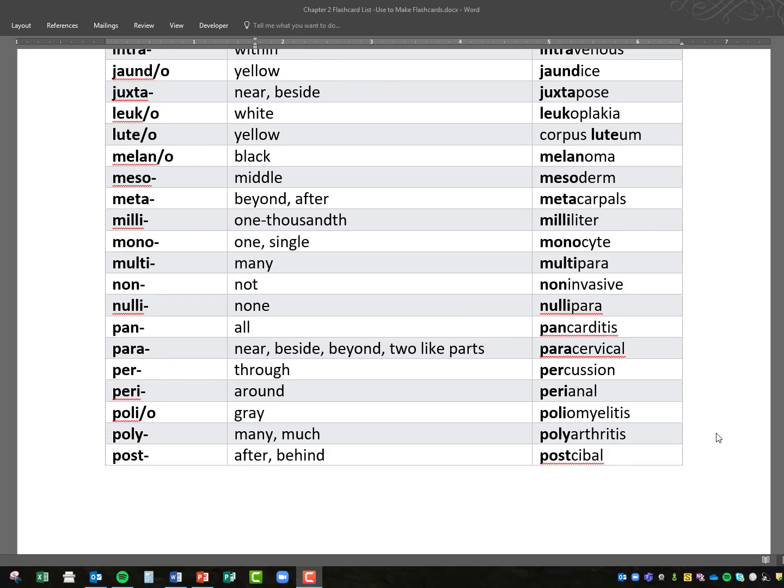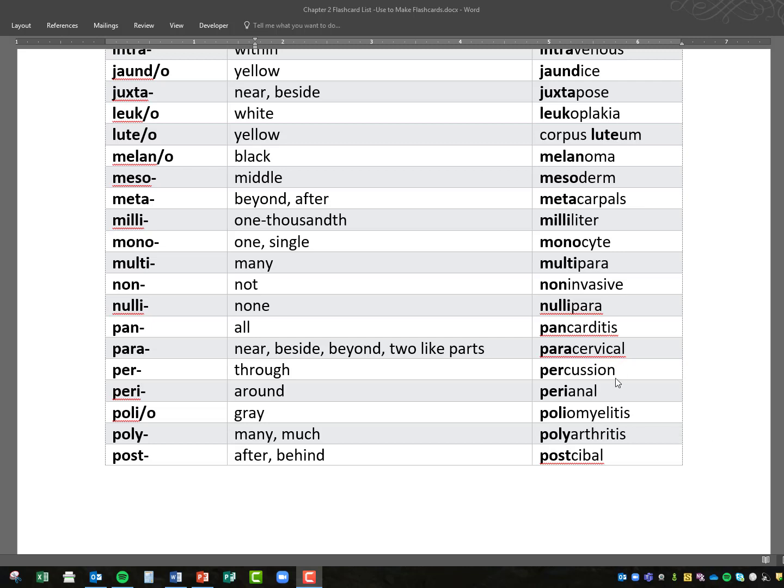Pan, you will see pan. Pan means all. So a good way to remember this is you got to put it all in the pan. Put it all in the pan. That gives us pancarditis, which would be inflammation of all of the heart. Para, beside, beyond, two like parts. Per is through.